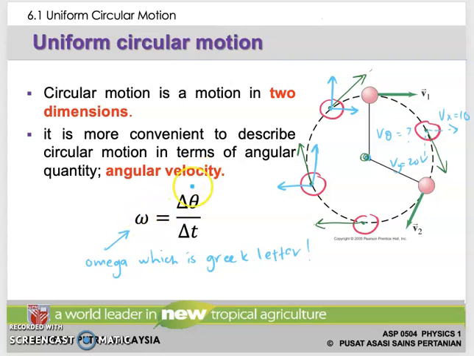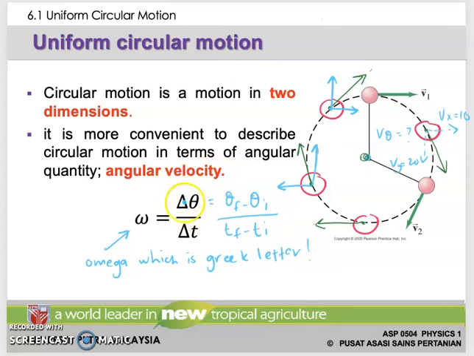What is angular velocity? It is the change in theta, or the change in angle, over the change in time, which means theta final minus theta initial over time final minus time initial, because that is what delta means: final minus initial.